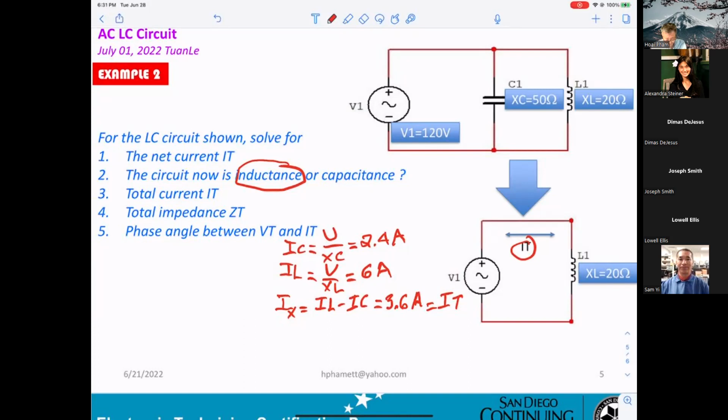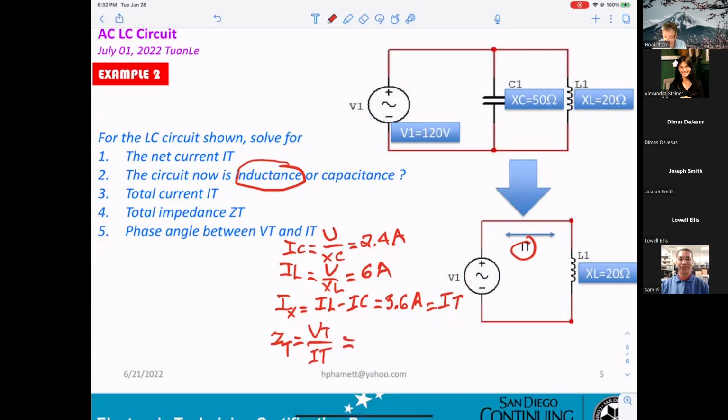And then they want the total impedance, Z total, V total divided by I total.